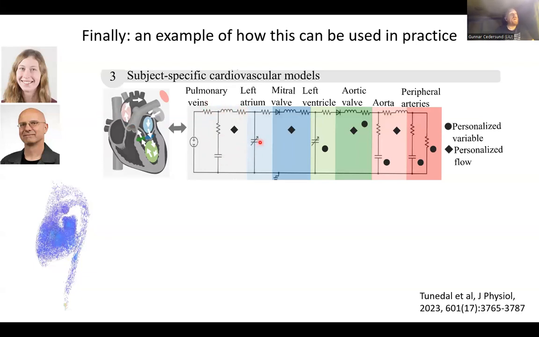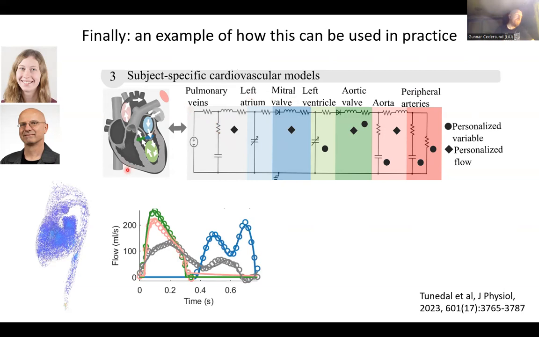This is just that the direction is reversed, and here we have a diode. So this corresponds to a mitral valve, so that the blood flow doesn't go backwards. So you can introduce those type of equations as well. But basically here we have the flow through the chambers of the heart and then up through the aortic valve, aorta, and out through the rest of the body. So it's the same type of equations that we saw before, it's just slightly bigger.